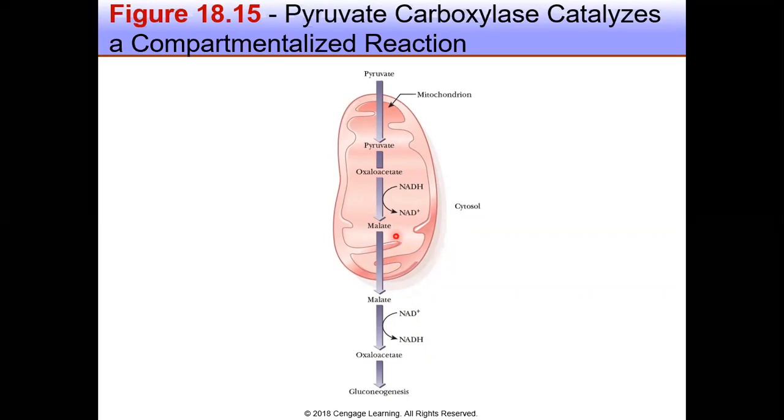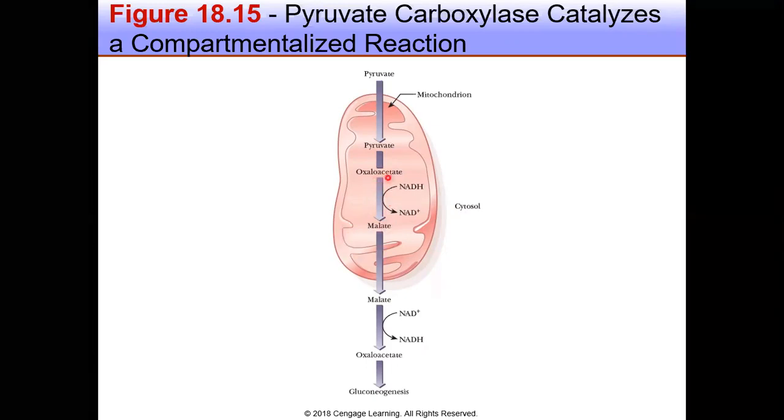The figure you see here is the mechanism by which oxaloacetate comes out of the mitochondria to the cytosol. This is called a compartmentalized reaction. First, pyruvate is converted to oxaloacetate in the mitochondria, and then oxaloacetate cannot be transported across the mitochondrial membrane.